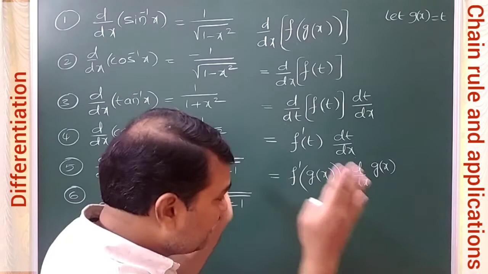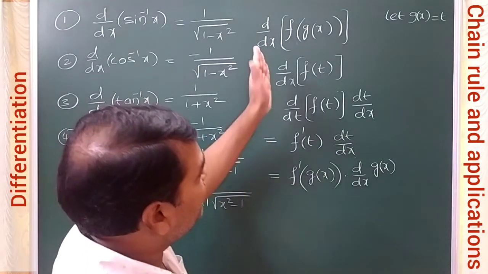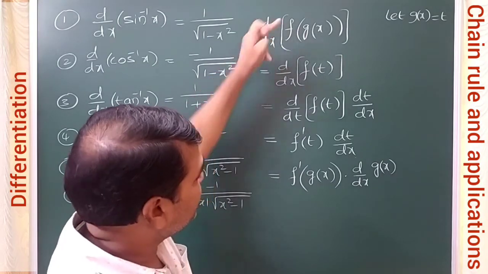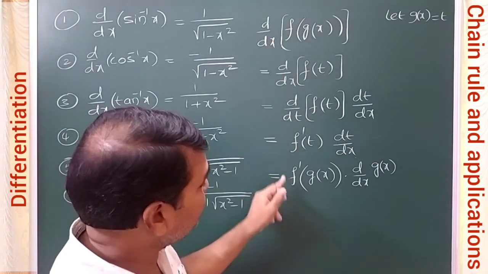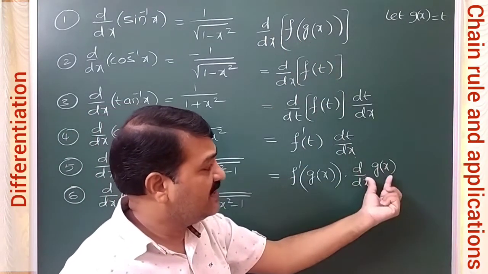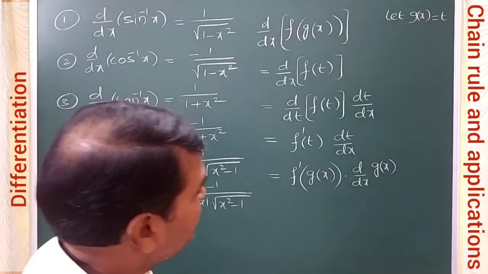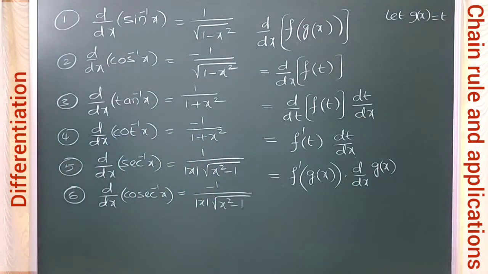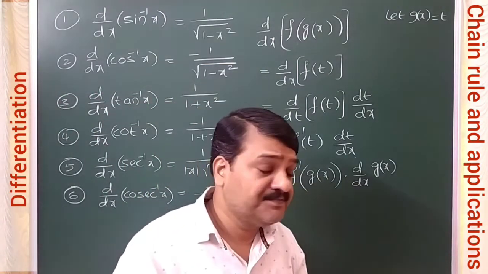That is the basic idea you have to understand. Write the external function derivative, that is the derivative of f, and after that the internal function derivative, and both will be in product. This is the basic rule of the chain rule to differentiate a function of a function.